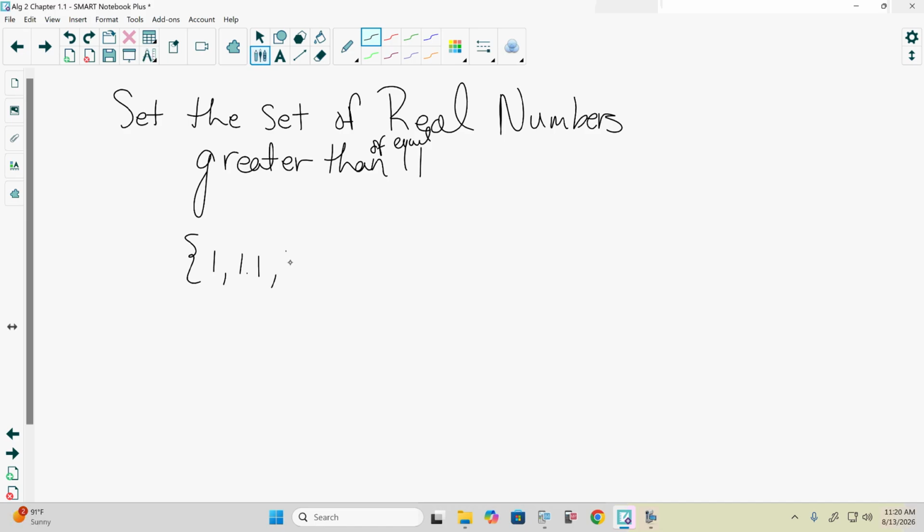But wouldn't we also have 1.092736582? That would be after 1, yes? Wait, how many decimal numbers do we have that are after 1? A ton, yes? Is it feasible to actually write all the numbers greater than 1? No. Is there any way I can set up a pattern for this here?